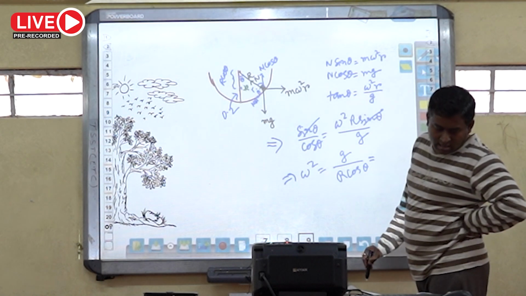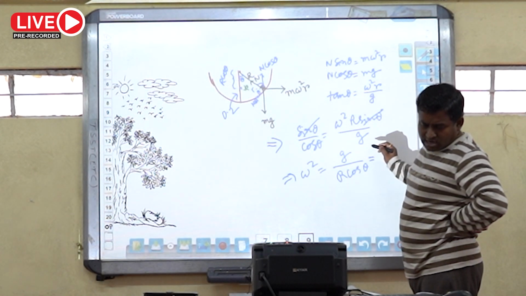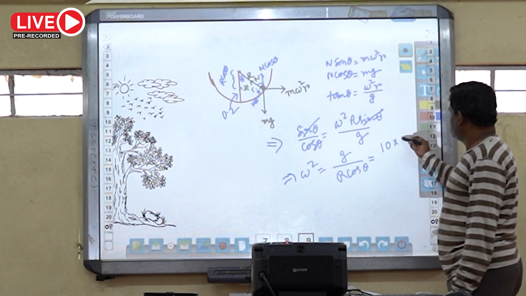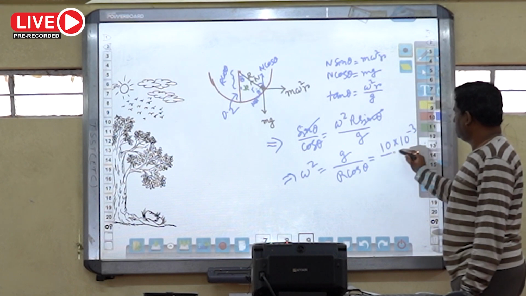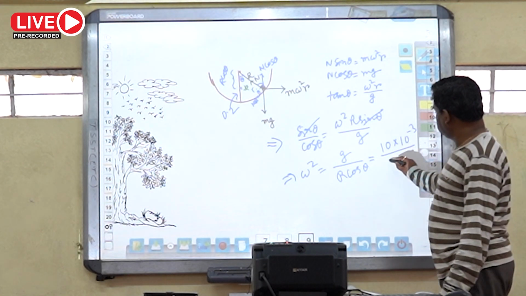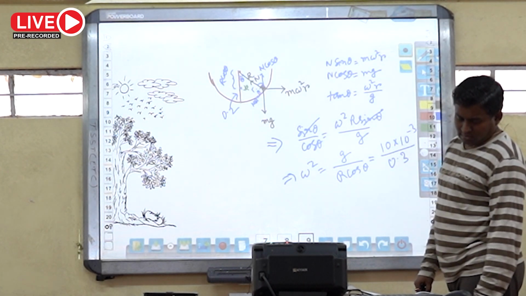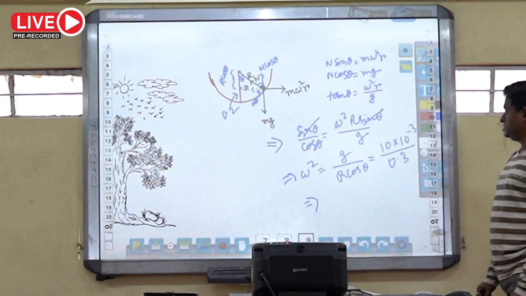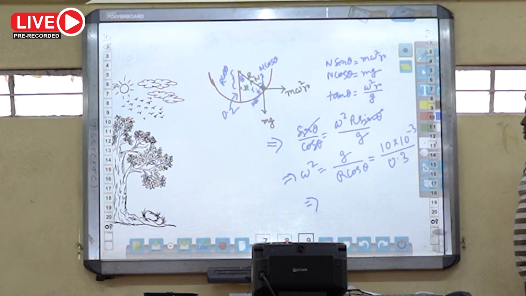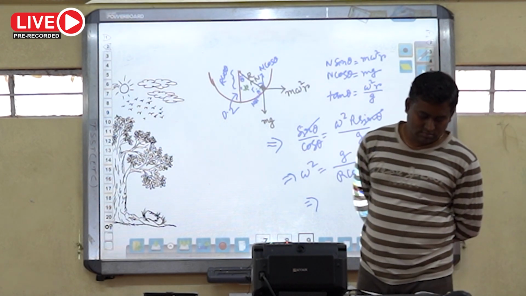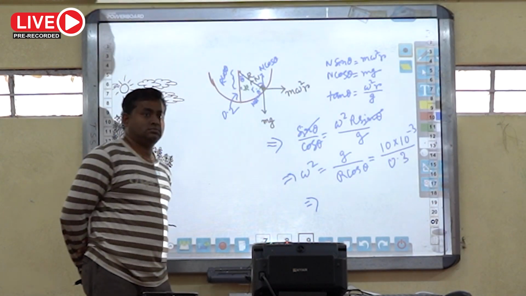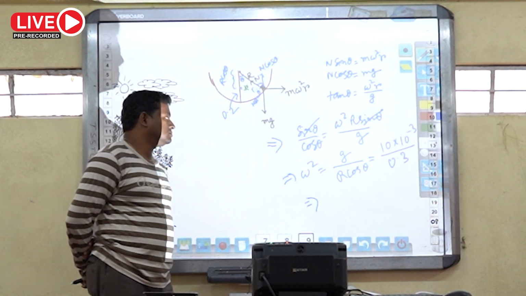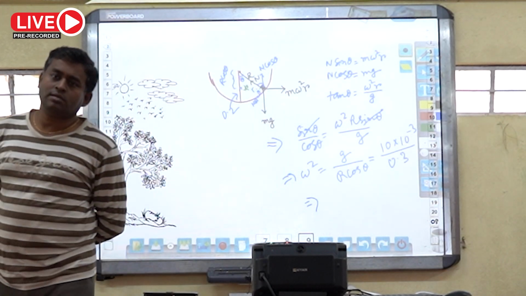So g is given 10, and we have to convert 10 into 10 to the power minus 3, divided by 0.3. Then it will be in radian per second.